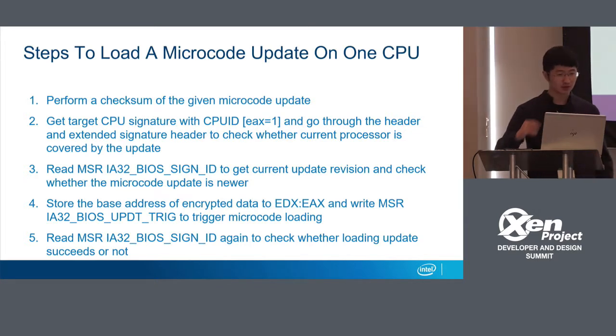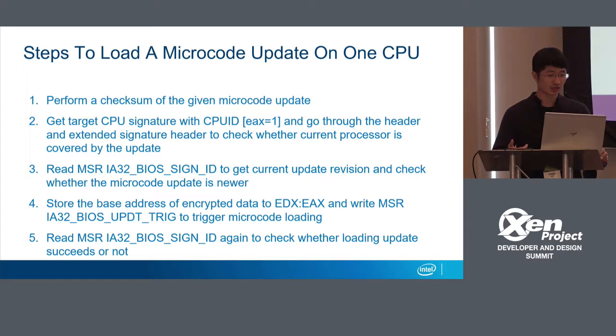These are the steps to load a microcode update on one CPU. First, we should perform a checksum of the given microcode update, to ensure the update isn't corrupt. Second, we get the targets.